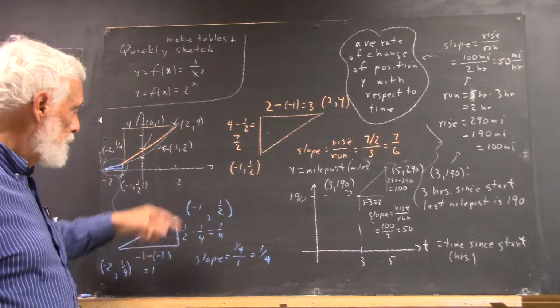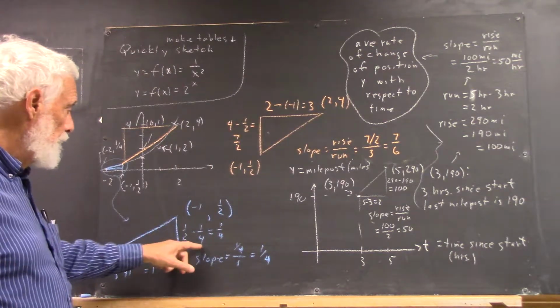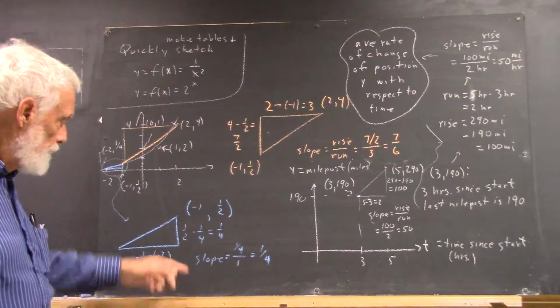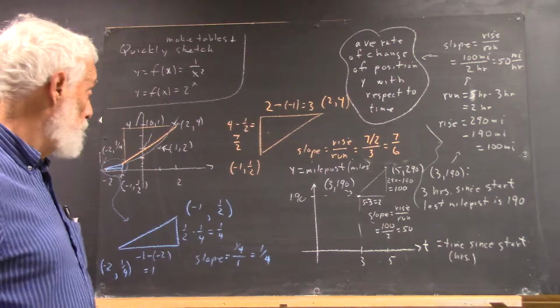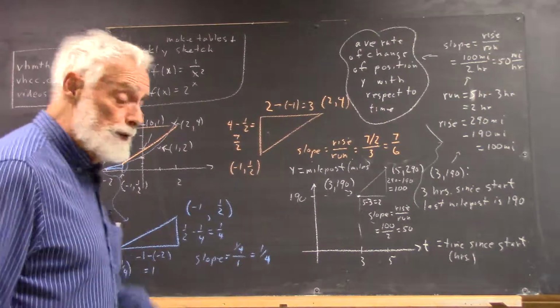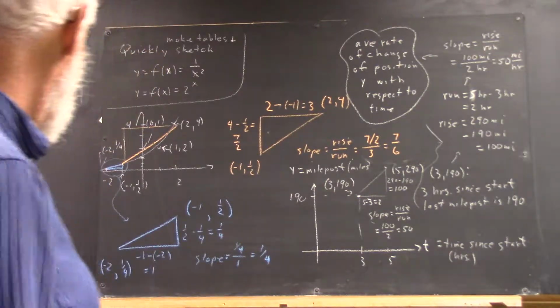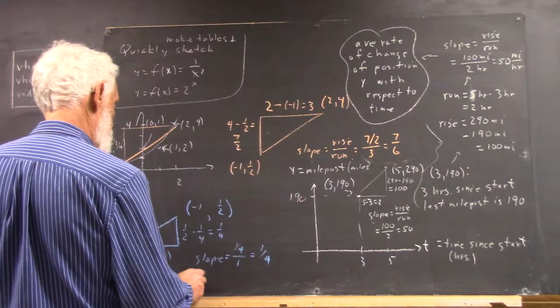And the rise, as we go from here to here, is this minus this, 1/2 minus 1/4, which equals 1/4. So the slope is the rise divided by the run, 1/4 divided by 1, which is 1/4. And this is the average rate of change of y with respect to x for that interval. So this is the average.